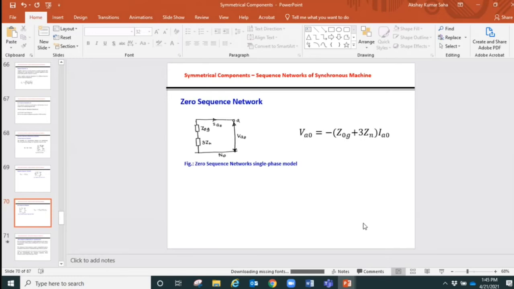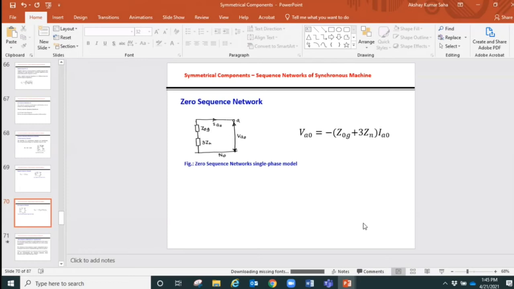But one important thing to note is the neutral and ground connecting wire. Zn is normally the symbol that we use to represent the impedance of the wire that we use to connect the neutral and ground. But when it comes to the zero sequence network, it is multiplied.